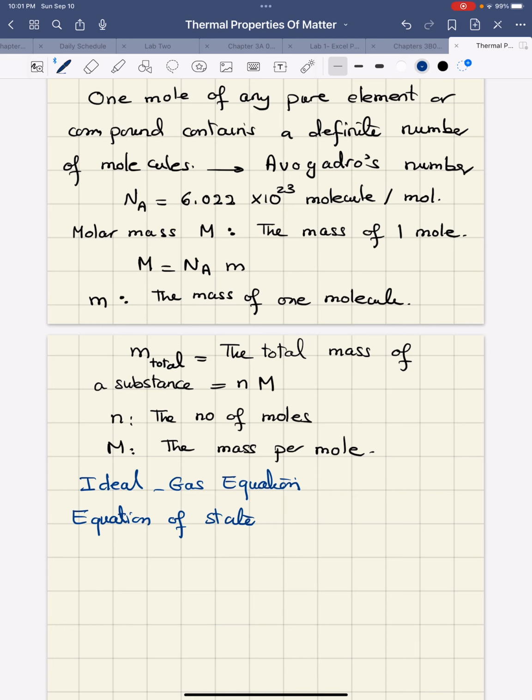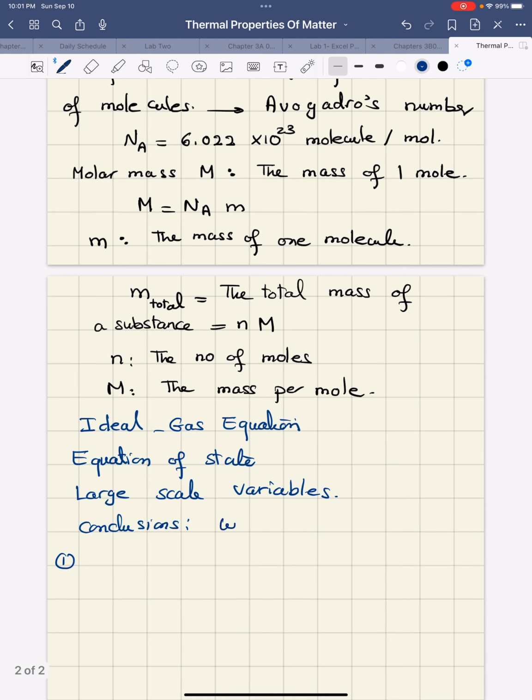Here we are talking about large-scale variables. And we need to draw some conclusions about gases, when the gas is at low pressure.